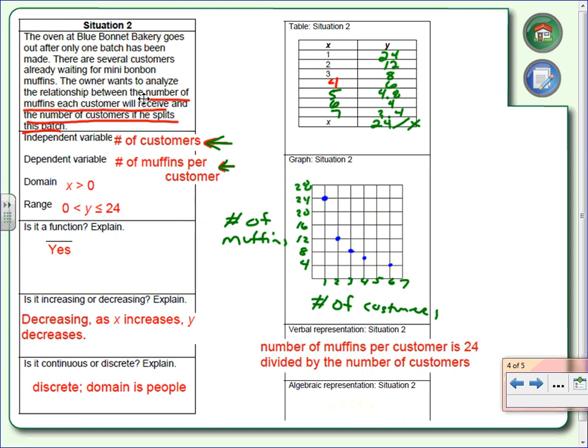In other words, how many muffins you get. The way we're going to determine that is by taking 24 and dividing it by the number of customers we have in line.